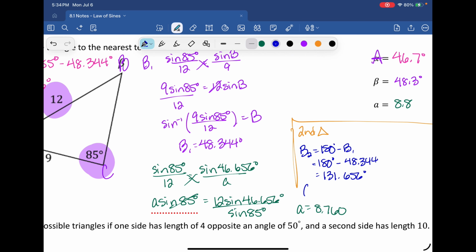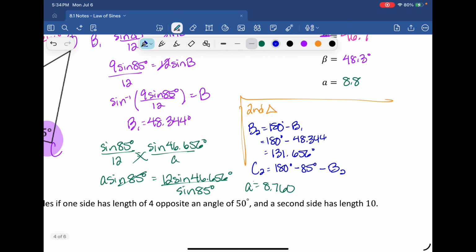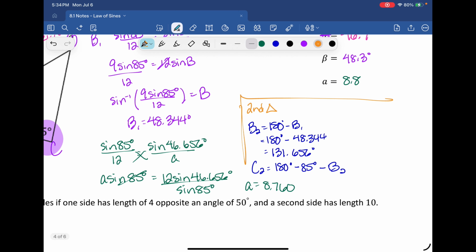We can find angle C2: 180 minus 85 minus B2, so 180 minus 85 minus 131.656.